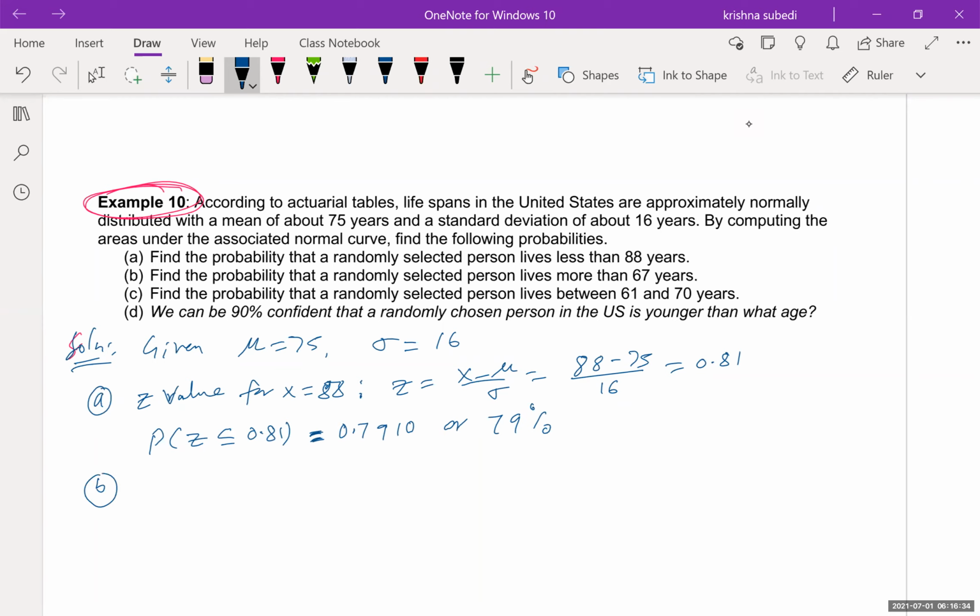Part B, find the probability that a randomly selected person lives more than 67 years.